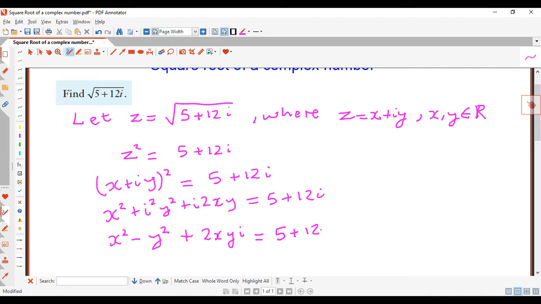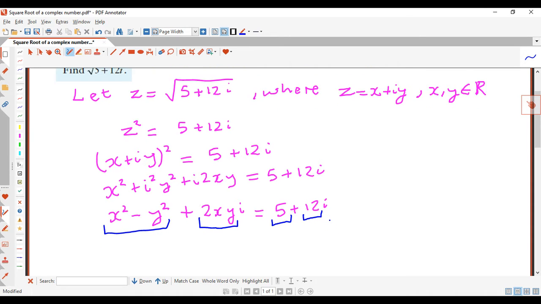Next step is to look at the real and imaginary parts and equate them, okay? So on the left-hand side, this is the real part, and that matches up with this real part. And then on the left-hand side, we have the imaginary part here, that matches up with 12 here, the imaginary part.